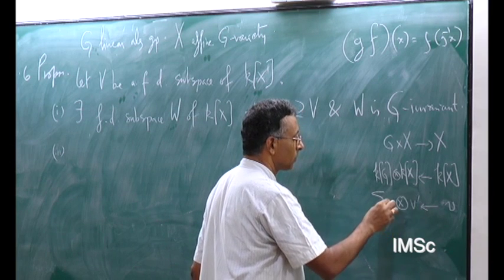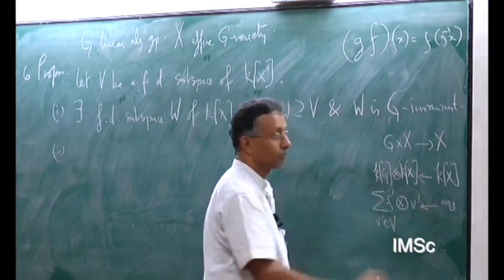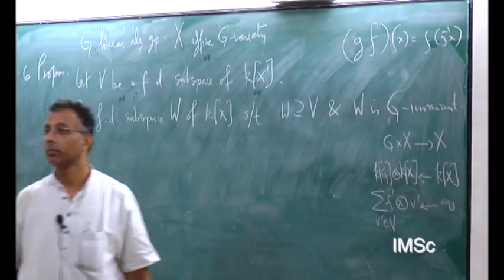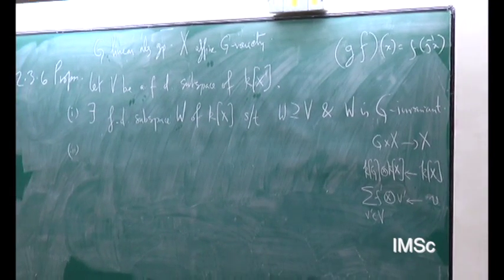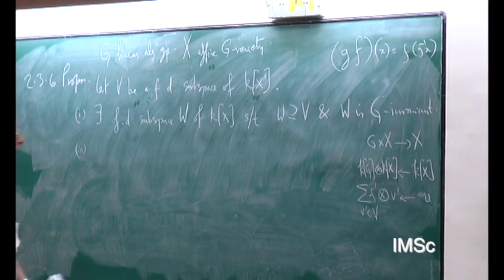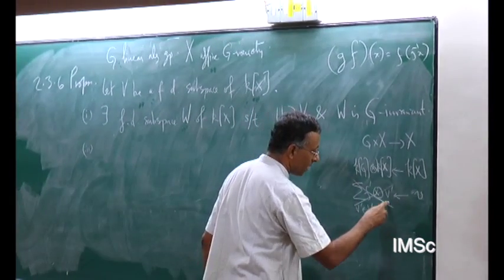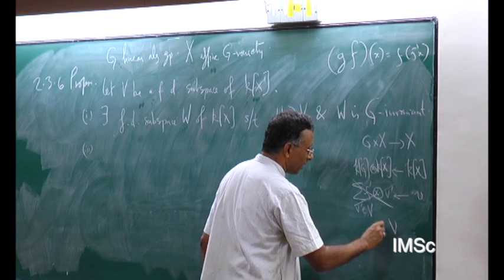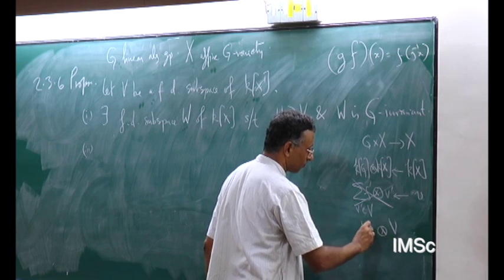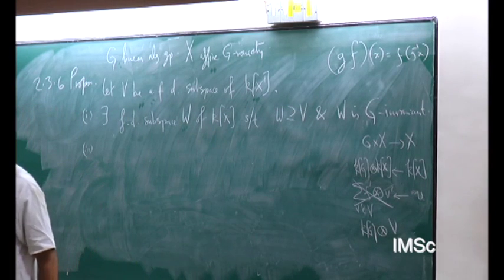Some v' in V and some f'. Or, okay, let's put it this way. Let me not even write it like this. The image of V goes into V tensor K[G]. Right?